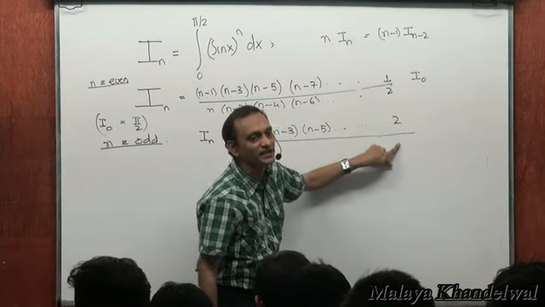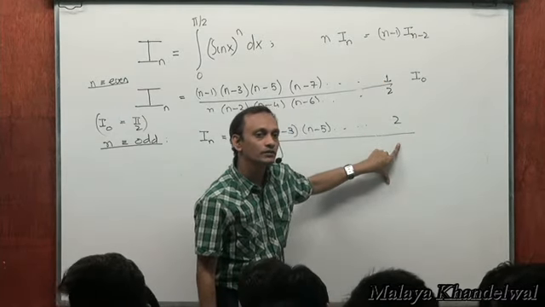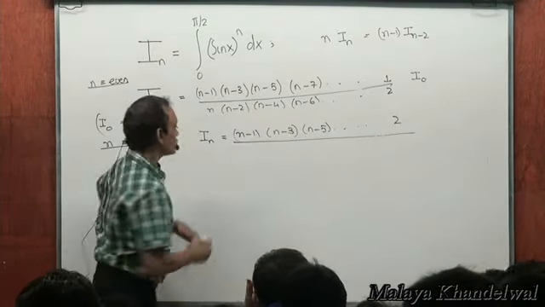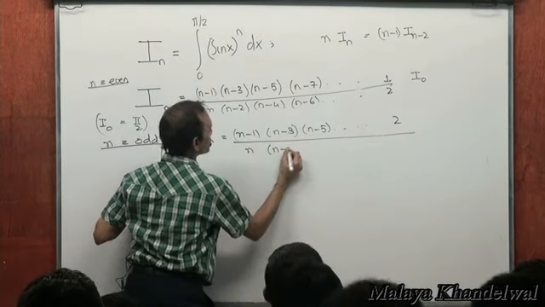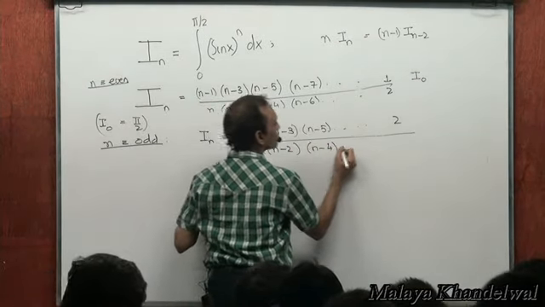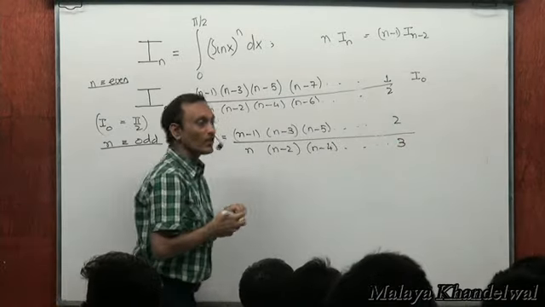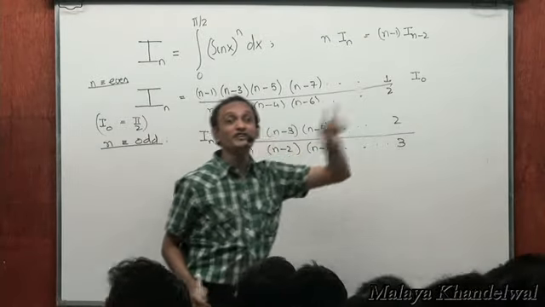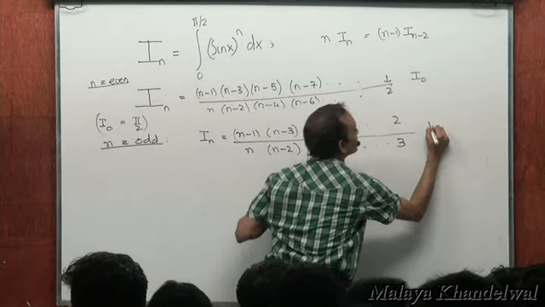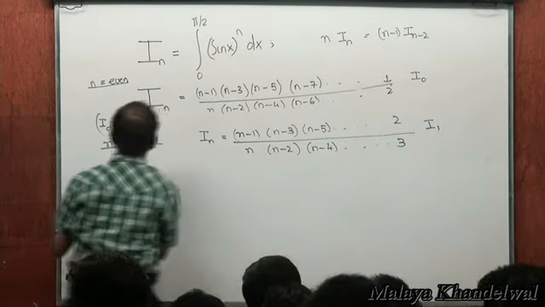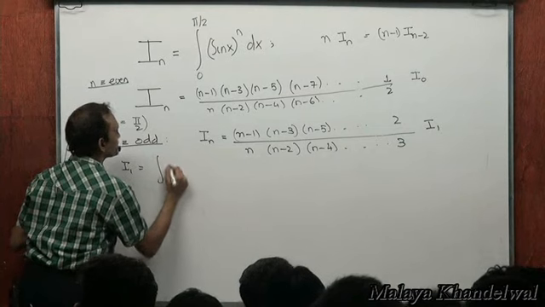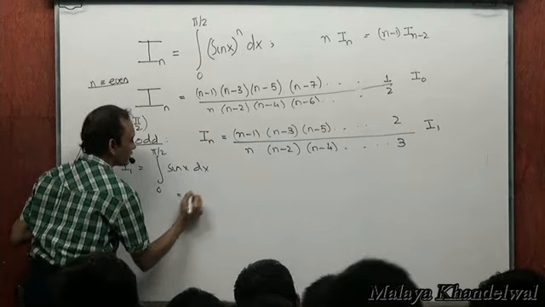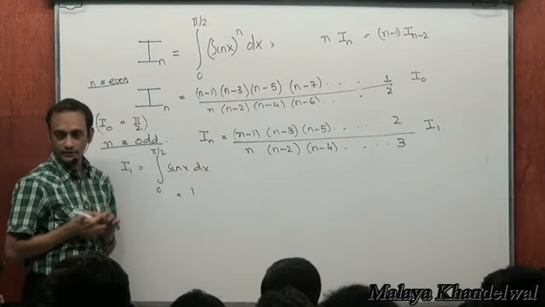So if this is 2, the last member here will be 3, one more than the numerator, isn't it? So I get n into (n minus 2) into (n minus 4) up to 3, and instead of ending with I0, it will end with I1, and I1, as you can see, is only integral sine x dx from 0 to pi by 2, which is simply 1. I1 is 1.